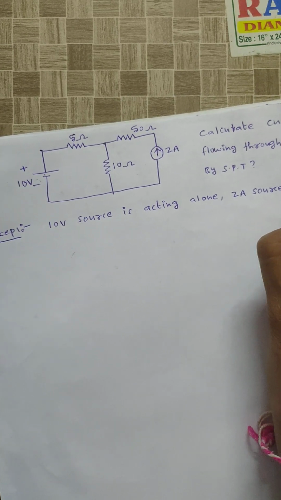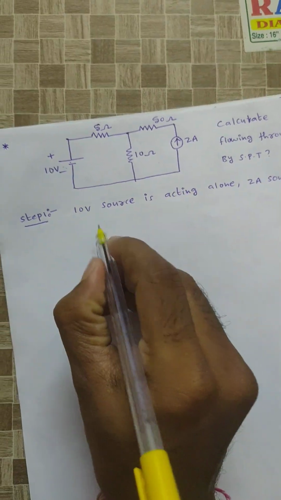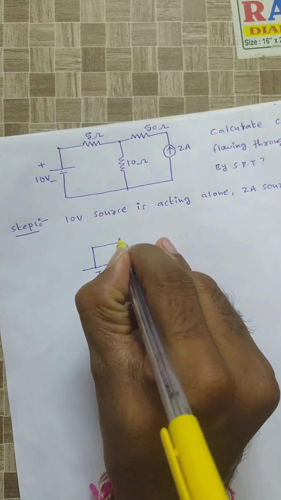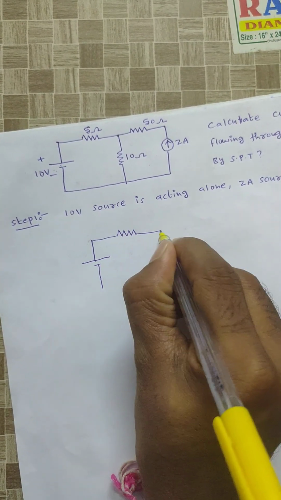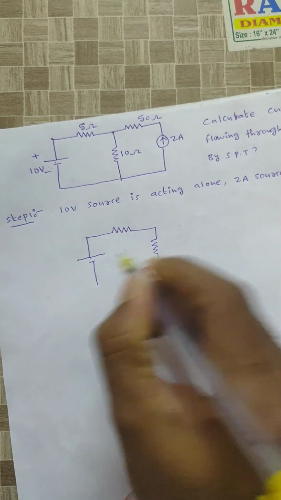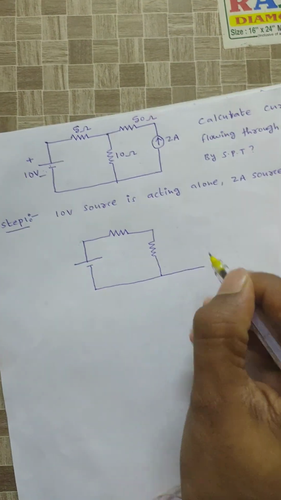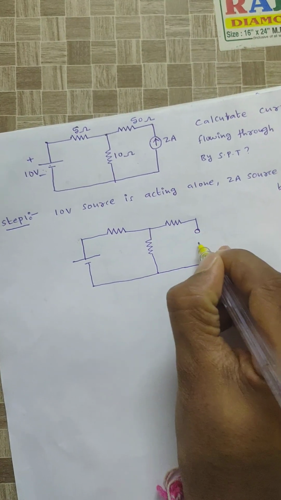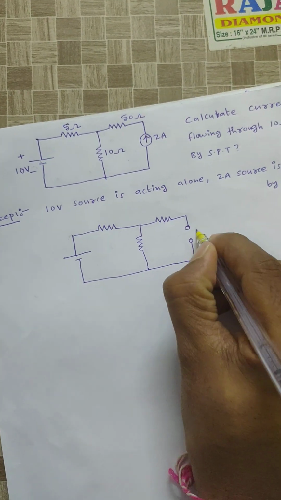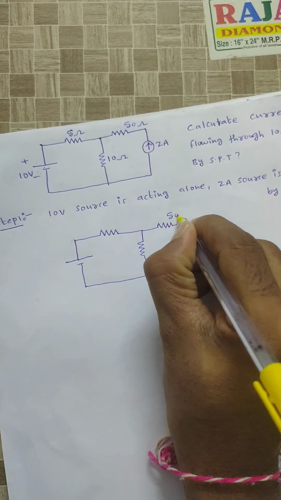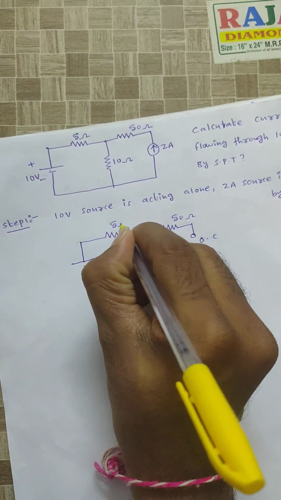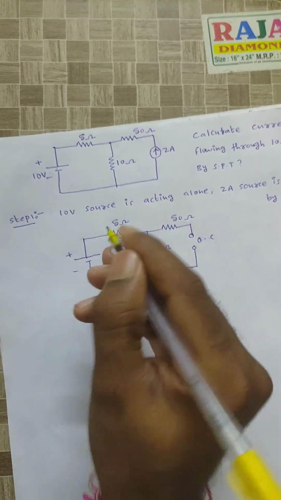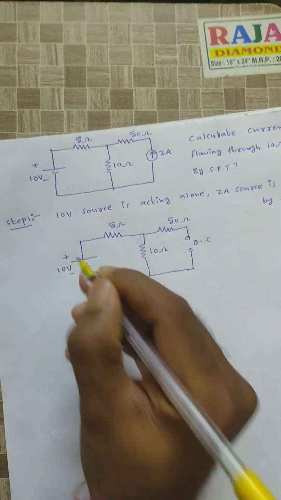Then the supply voltage will be 10 volts, 5 ohms, 10 ohms, 50 ohms, right? The current source is replaced by an open circuit, right? 50 ohm, 5 ohm, 10 ohm, with the 10 volt source.